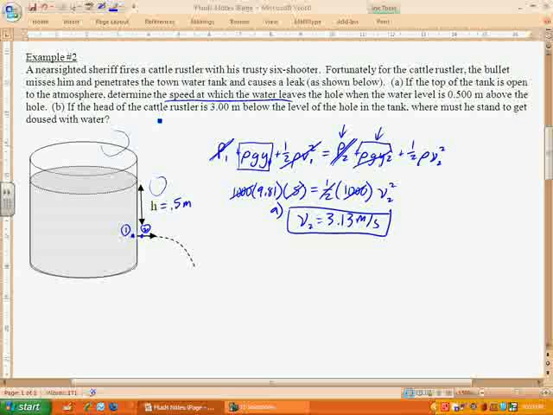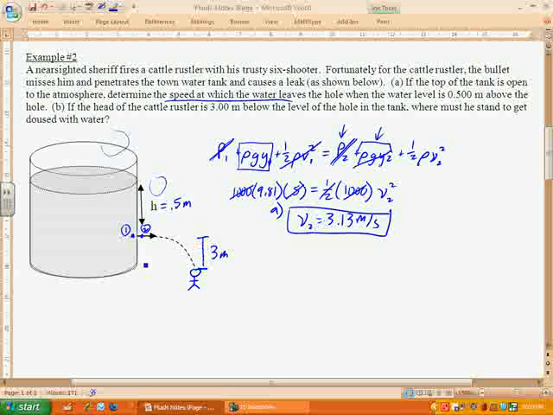All right, so we know that it's going to have a displacement of -3 meters vertically, and an acceleration of -9.81 meters per second squared. And then also, vertically, it's coming out horizontally, which means vertically the initial velocity is 0. So we want to solve for time. All right?